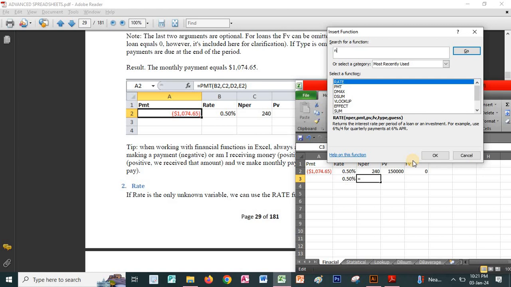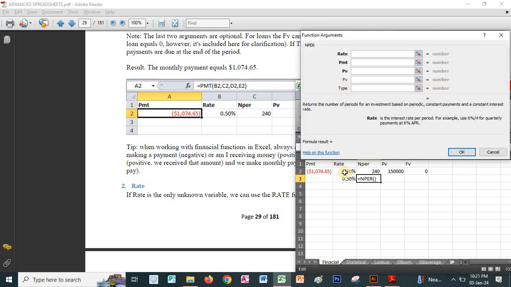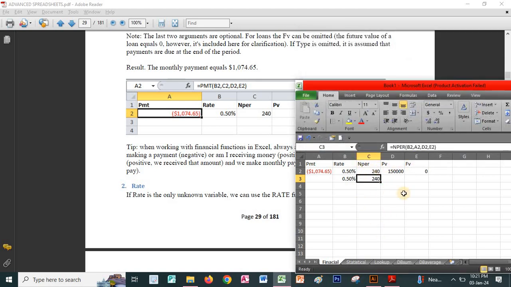So let's say nper. Let's see, we know the rate, we know the PMT, we know the PV, and we know the future value. And now the nper can be calculated. The same with the PV.